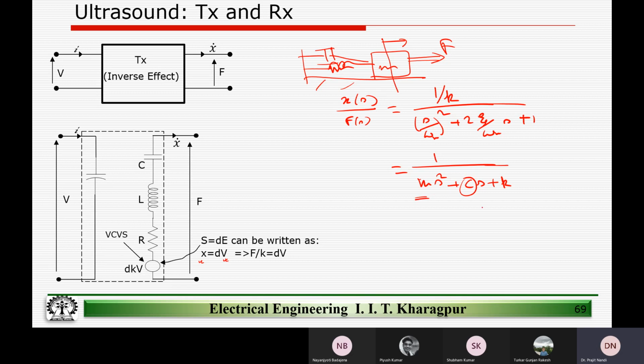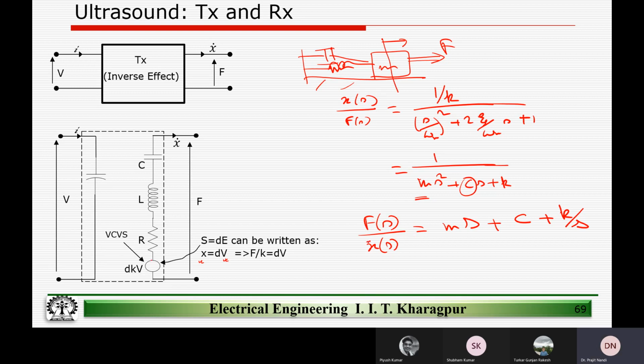From this we had equated the second order transfer function to an equivalent inductor, capacitor, and resistor. Please note that we are talking of X dot here, not X. If we write in terms of X dot instead of X, X dot by F of S can be written as MS plus C plus K by S. Just a simple force and displacement equation.